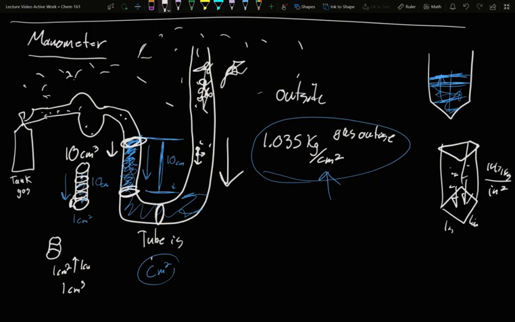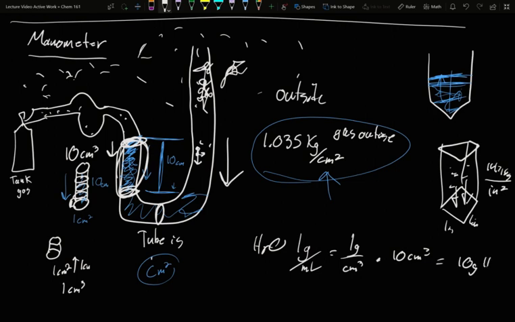What this tells us, though, is it lets us find the weight. What is the amount of water in here? Well, water is 1 gram per milliliter, which is 1 gram per centimeter cubed. If I have 10 centimeters cubed, that's going to be 10 grams of water, or 0.010 kilograms of H2O.